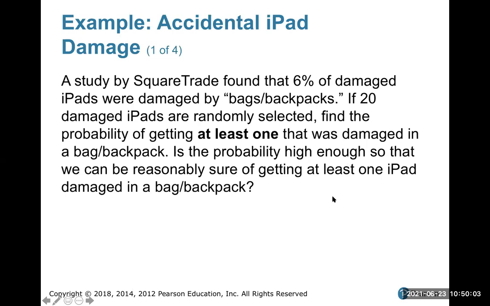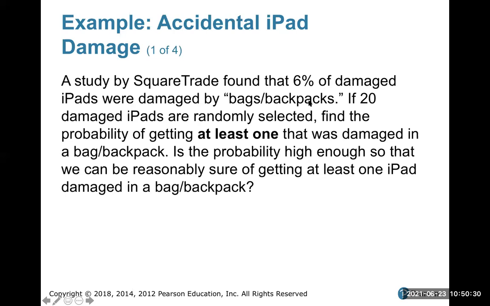That means the first one is not damaged, the second one is not damaged, the third one is not damaged, none of them is damaged. So the probability of at least one damaged is the same thing as 1 minus the probability of none damaged.